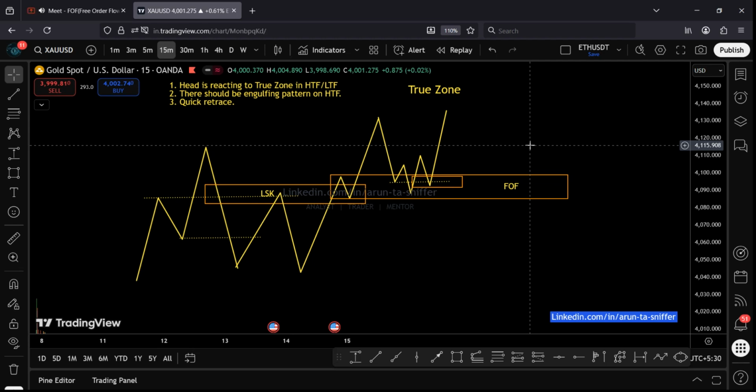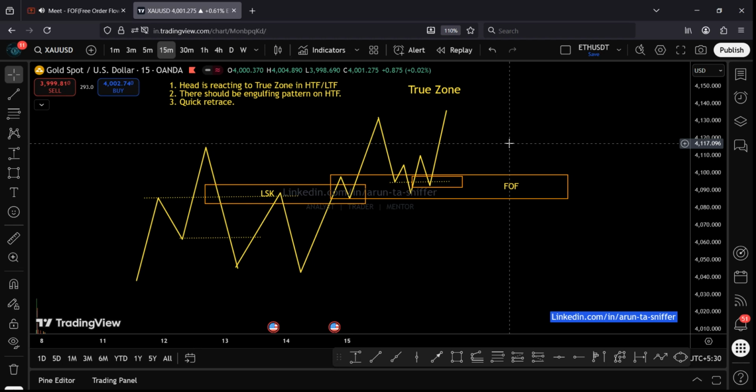Okay, any question on this pre-order flow working as a true zone? Any question, guys? Yes. So we wait until the PA is formed.